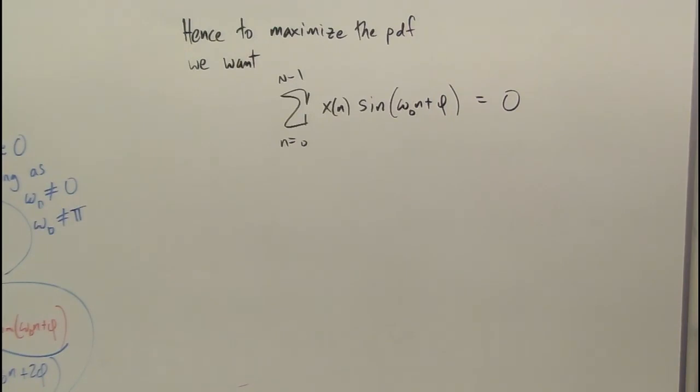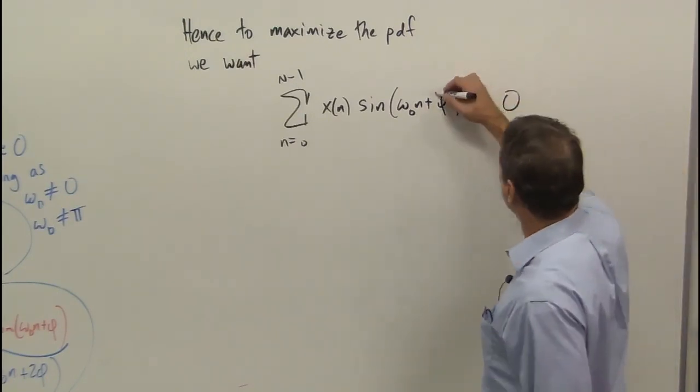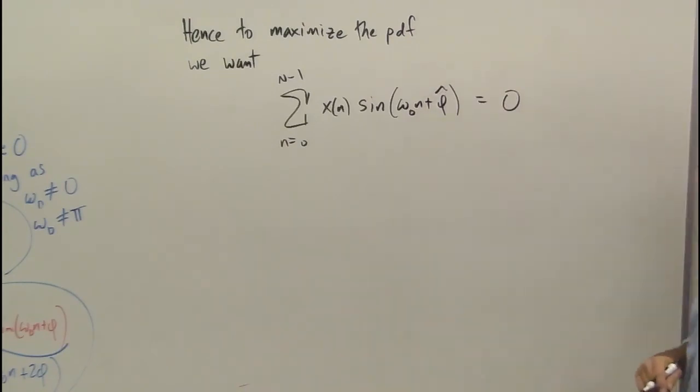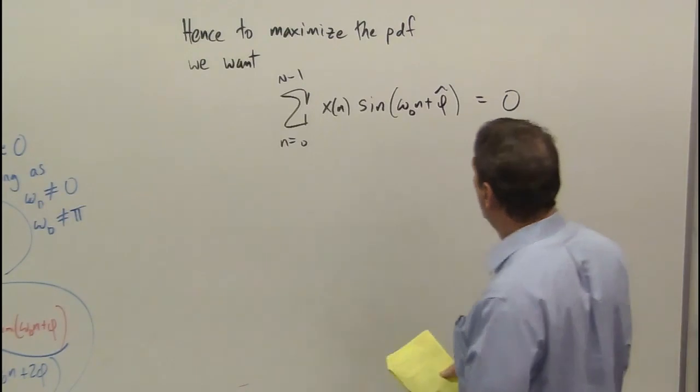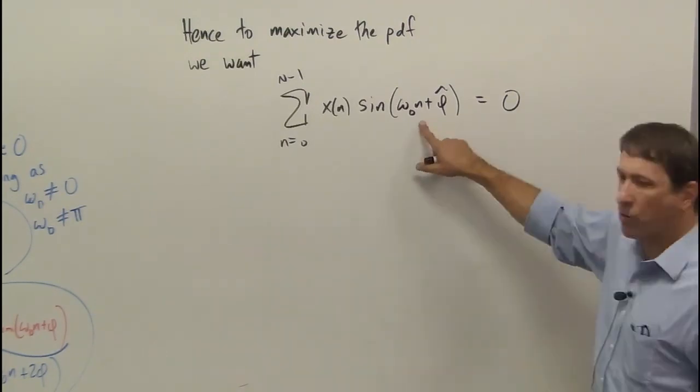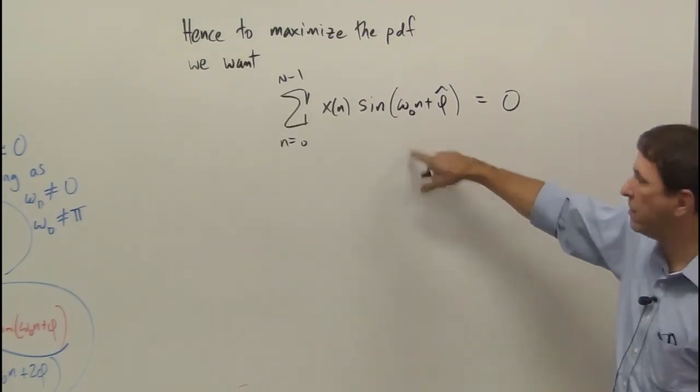Okay? And we'll mark this as phi hat. To solve for this, we'll use the formula for the sine of a sum.